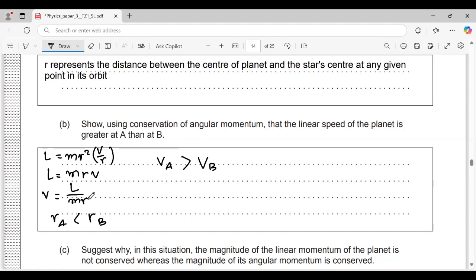Because the denominator is smaller. If you compare the denominators of r A and r B, the smaller denominator has an implication for the velocity. The smaller the radius, the greater the linear velocity.